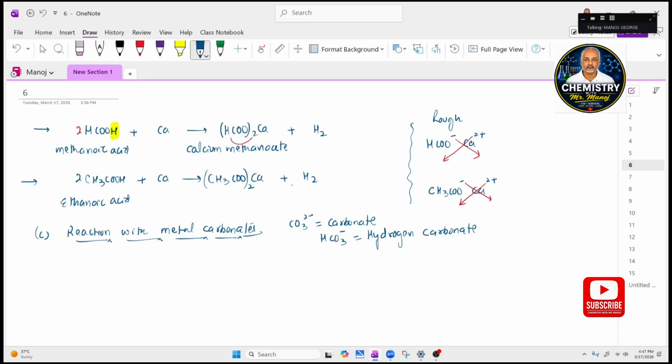So I need to give you some examples of metal carbonate first. Let's get some examples there, and then we'll get to the equations. Can we just do some examples of metal carbonate? Let's do it in an organized way. Metal carbonate.